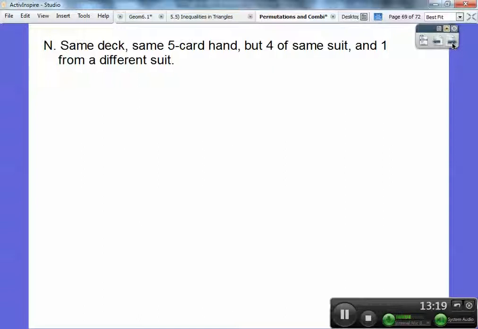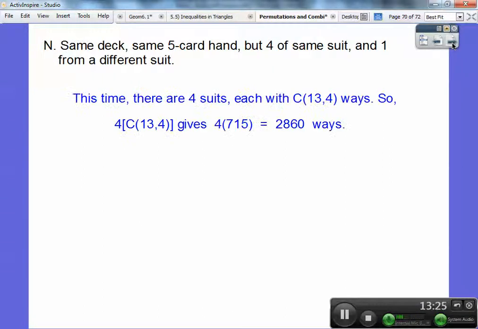Same deck of cards, except on our 5-card hand, we're going to have 4 of the same suit and 1 from a different suit. So this time there are 4 suits, each with 13 choosing 4, so I'm going to multiply 4 times the combination 13 choosing 4, and I get 2,860.